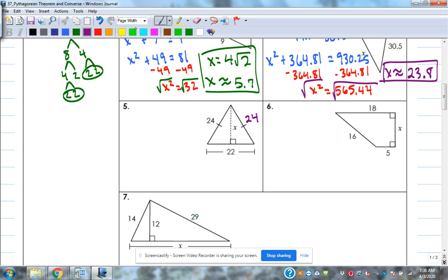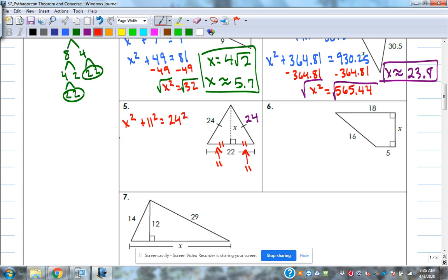What that does is it bisects the base. So that would mean we have a right triangle where each of those pieces is 11. So we can set up a similar problem where we're finding the leg: x squared plus 11 squared is equal to 24 squared. And that's going to allow us to find what's called the altitude of that triangle.